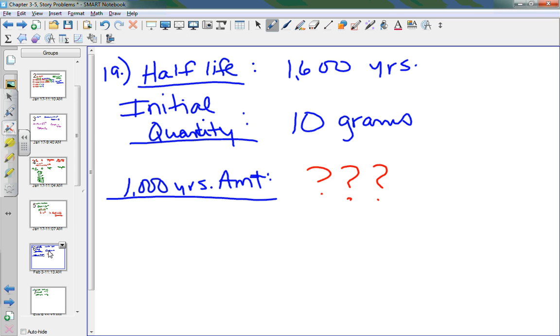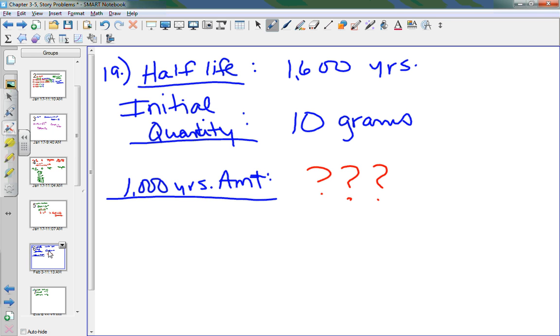So I gave you 10 grams of radioactivity and you buried it somewhere. It took 1,600 years before it went down to half the amount, which is 5 grams left.